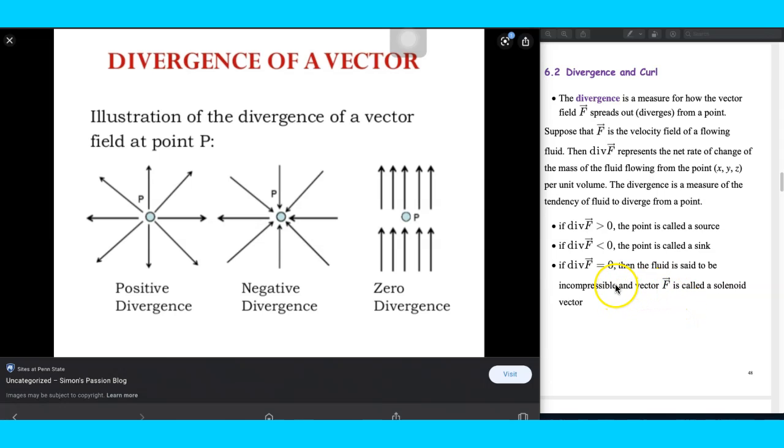Just to simplify your calculation, we normally assume that the fluid we are investigating is incompressible. You will normally see that in PDE when you solve a problem related to fluid flow.